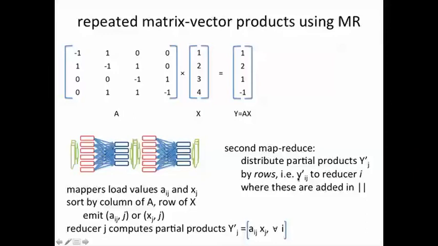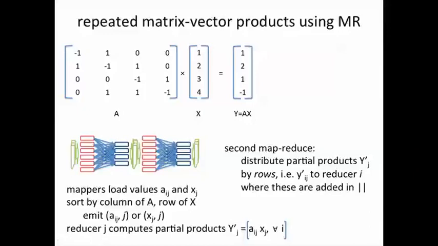For example, the partial product Yij in the vector y prime j will get sent to reducer I, and then these will get added up. So these now get distributed by rows. Part of this will go to one reducer, say the first 2 rows, and the second 2 rows will go to another reducer, and then they'll get added up over there in parallel.